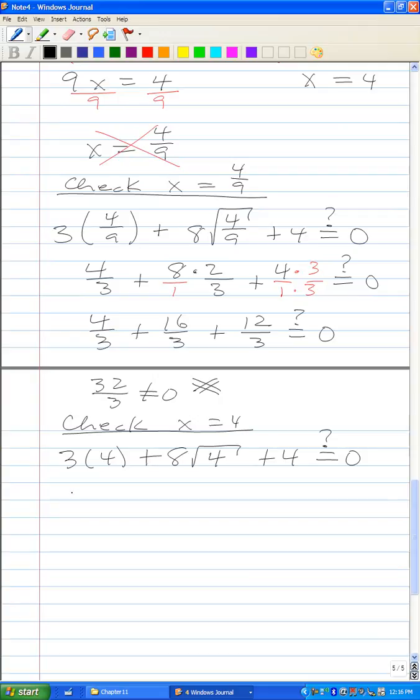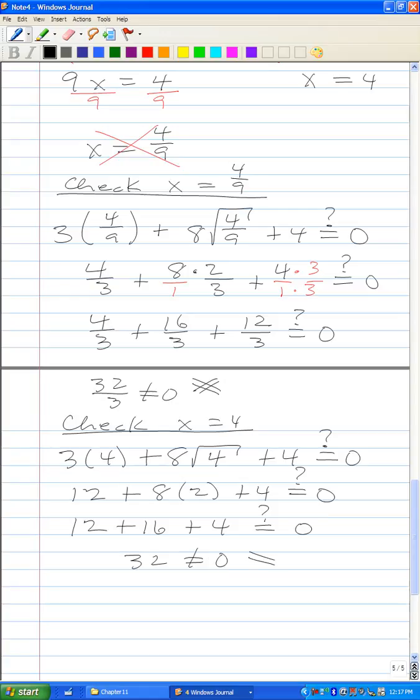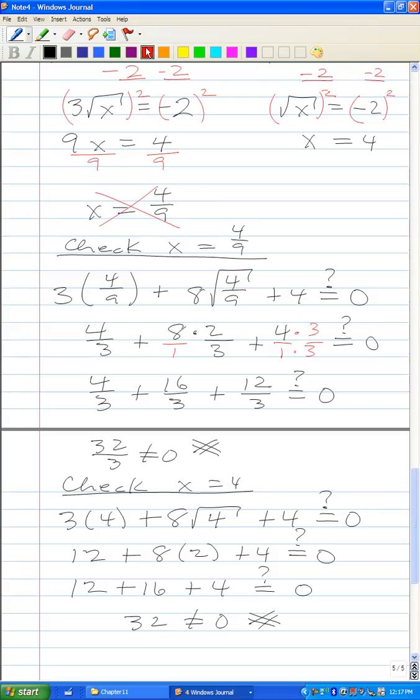Is 12 plus 8 times 2 plus 4 equal to 0? Is 12 plus 16 plus 4 equal to 0? Is 32 equal to 0? Again, no. But if I would have changed this positive 16 to a negative 16, then it would have worked. And so, no, that's not a solution. Therefore, there's no solution.